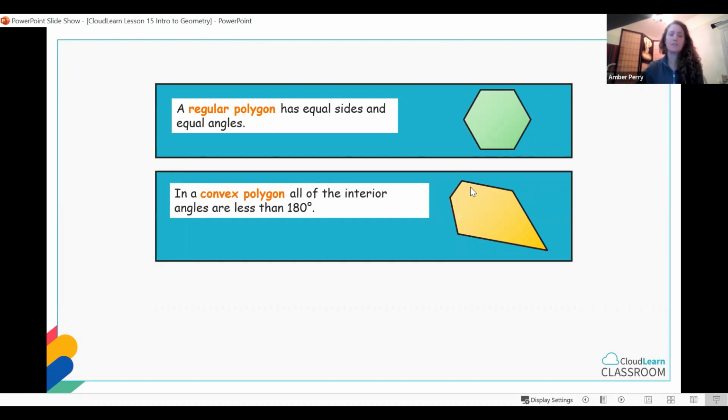Irregular polygon, so they have different size. They may well have one or two or even three angles the same, but they don't have all angles the same, okay? And then you've got convex polygons where they're all like this. There's no kind of dent in, so all the angles are less than 180 essentially.